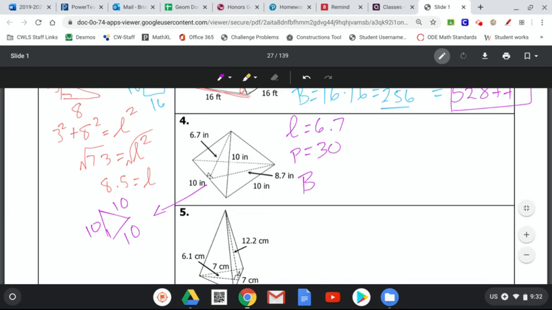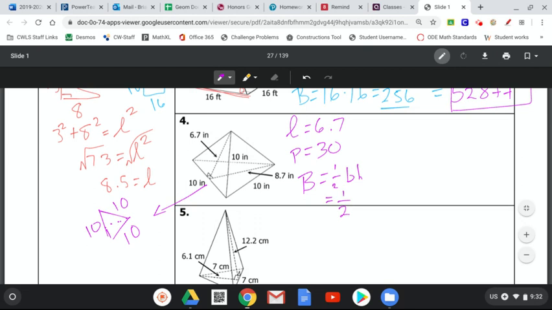And then the area of our base, well, to find that, it's going to be 1/2 base times height. And it tells us that height is 8.7. That height is 8.7. It's that line right there. So when we're using our 1/2 base times height, it's just going to be 1/2, and then our base is going to be 10.